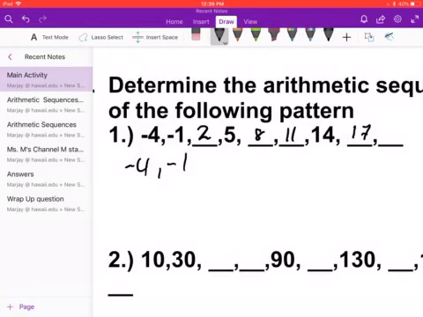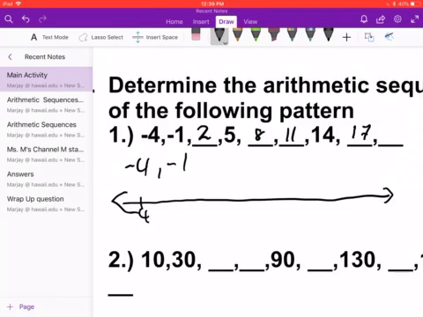If you guys are having a hard time with the negatives, you can draw the number line. So -4, -3, -2, -1, 0, 1, 2.